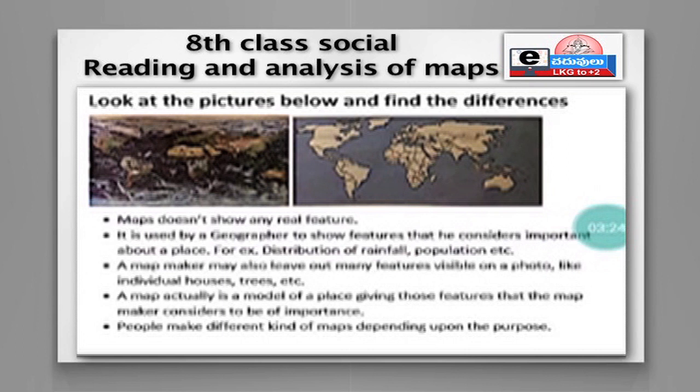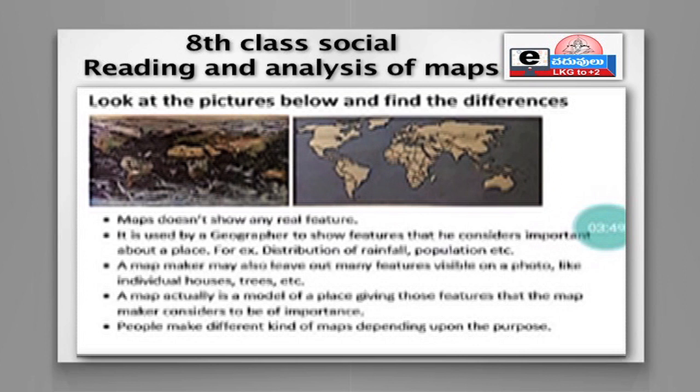Can you see in the map the real feature? For example, if a map of the classroom is made, then what can we see in that map? Just we make lines and we represent a rectangular or a square box.